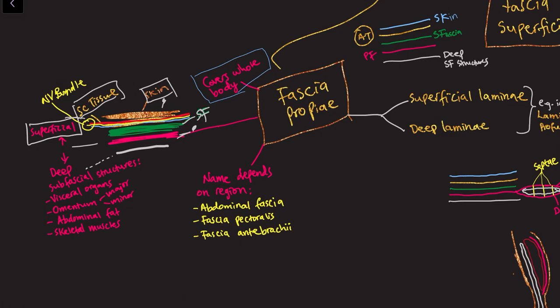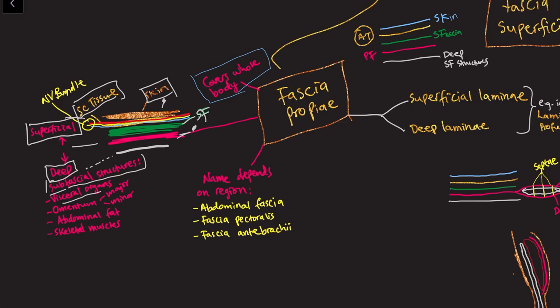But all the anatomical structures beneath the fascia proper, meaning as you go deeper, are also known as deep subfascial structures. They are also known as deep structures, right? For example, visceral organs, the heart, the kidneys, the arteries, like the abdominal aorta.